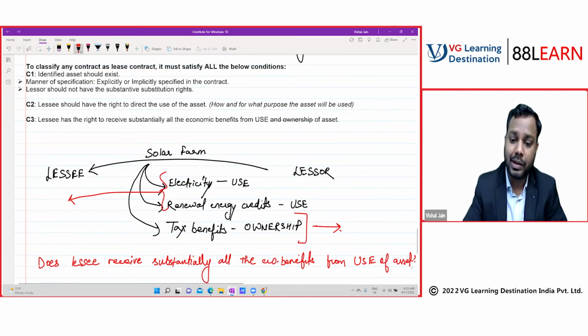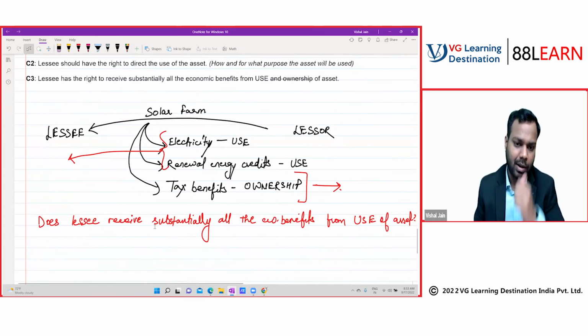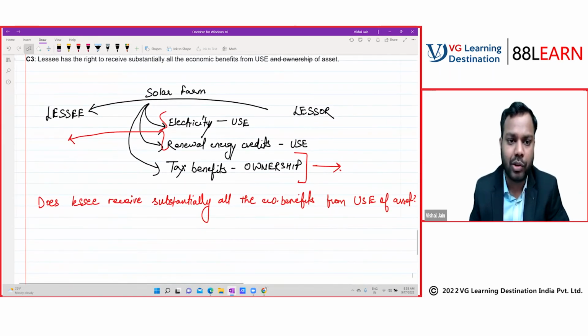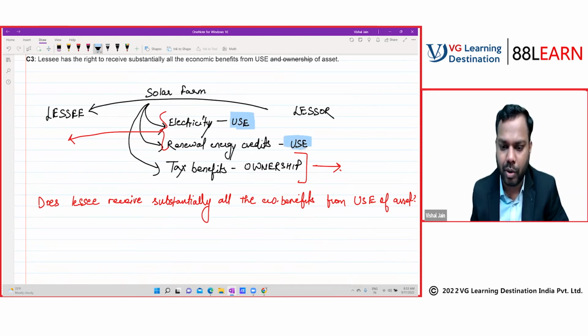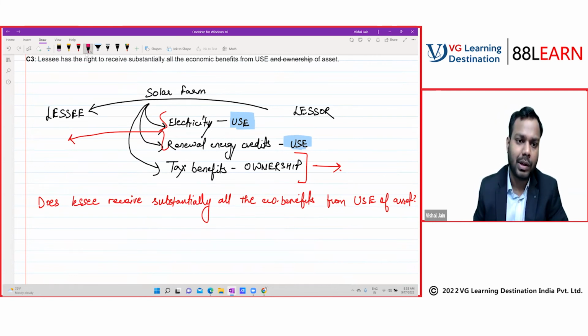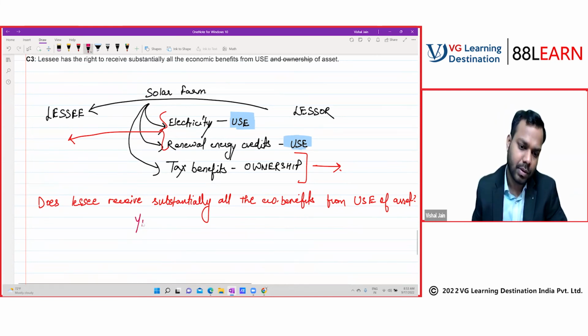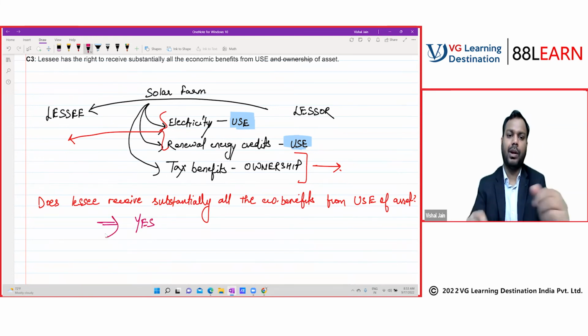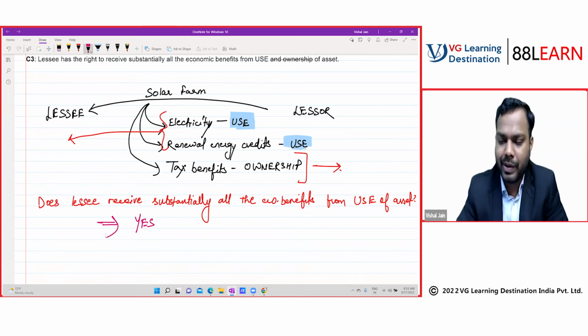The answer to that is yes, right? Because these two were the benefits coming from use, and these two benefits are going to the lessee. So the answer is yes. Is that clear, everyone?